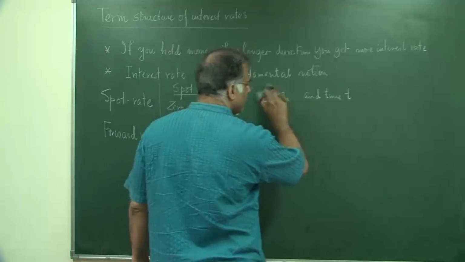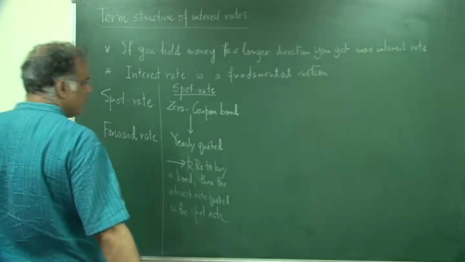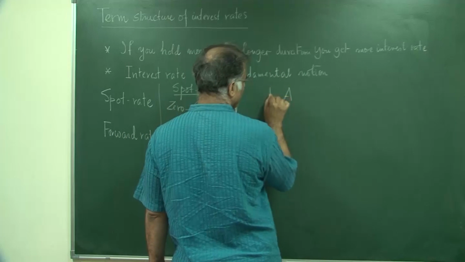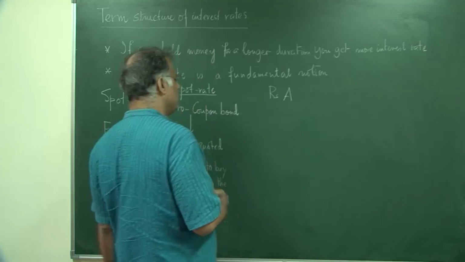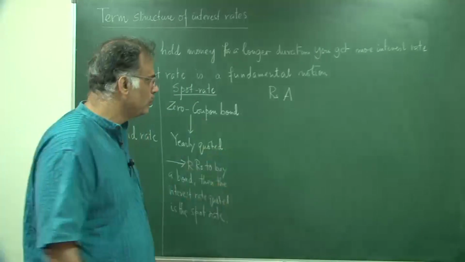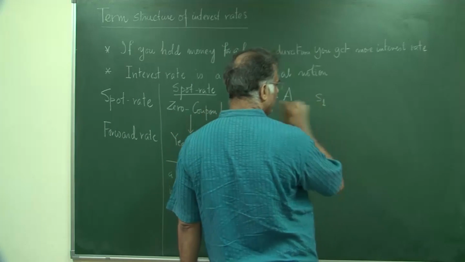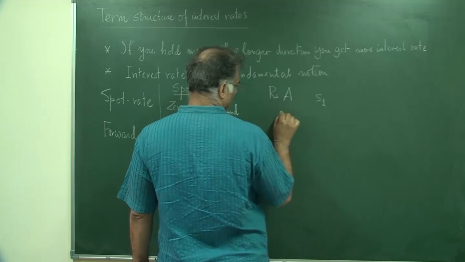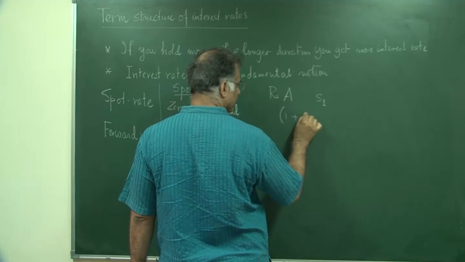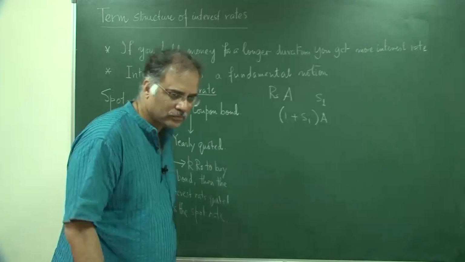Let us just look at the yearly quote. If I invest $1, or rupees, now with a yearly spot rate S1, so for 1 year my spot rate is S1, then at the end of 1 year I obviously get exactly this.